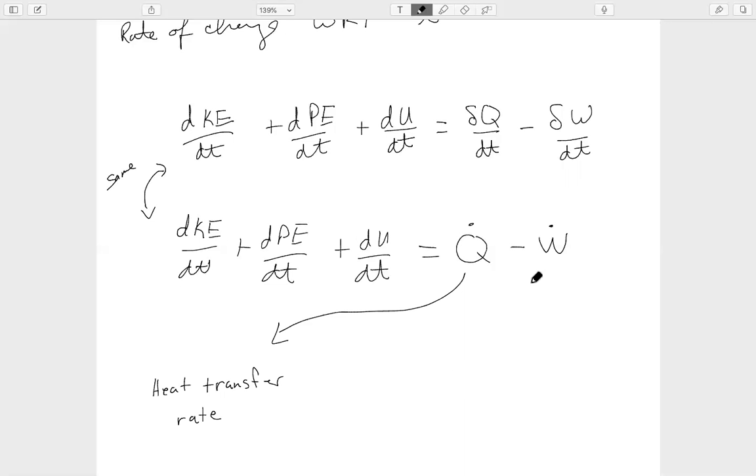And W dot, sometimes we call this energy, like they'll call it the transferred work, but a lot of times they also call this the power delivered, if positive, or power consumed, if negative.